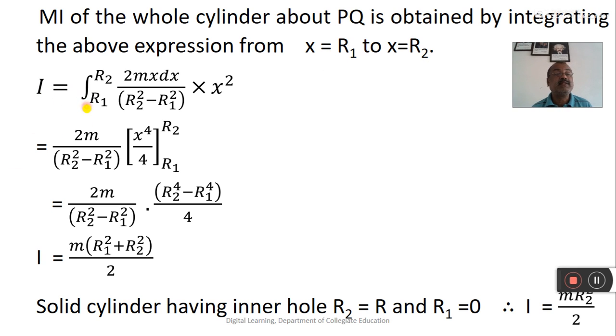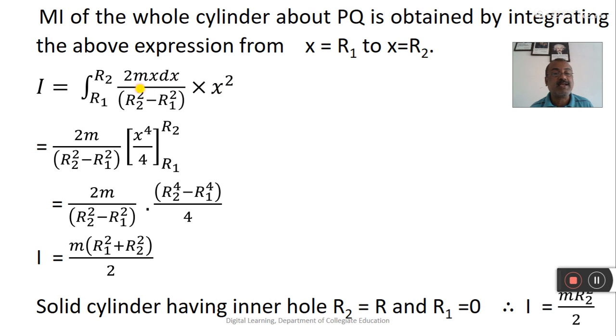If I apply the limits of integration for the moment of inertia, we can write the integral from R1 to R2 of m into r squared, that is 2 m x dx divided by R2 squared minus R1 squared into x squared.